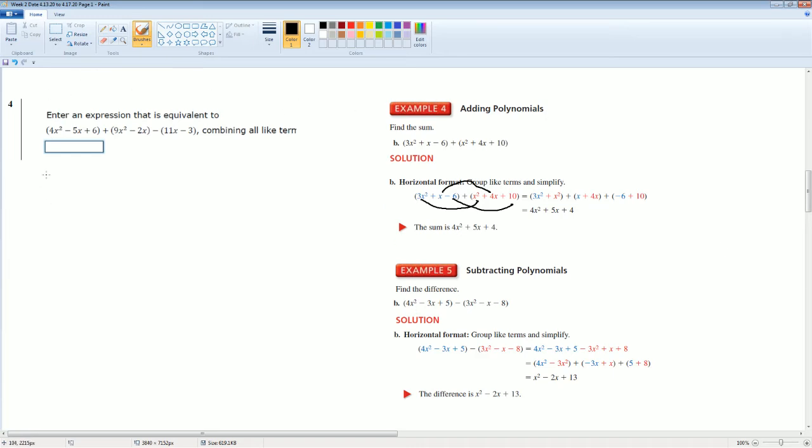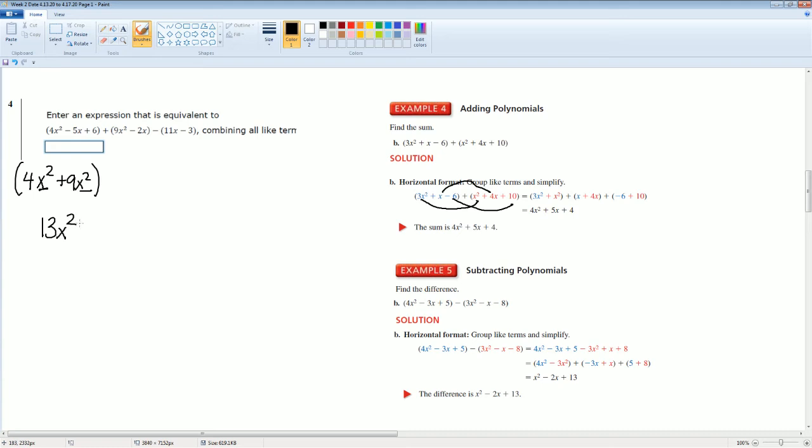Okay? So in this case, 4x squared and 9x squared are like terms, because these all belong to the x squared family. Okay? So you could do this: 9 plus 4 becomes 9, 10, 11, 12, 13, and they belong to the x squared family.